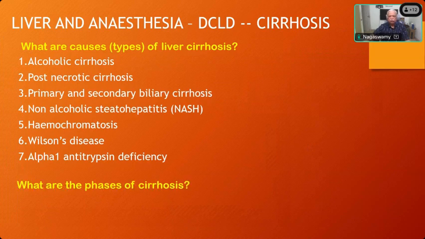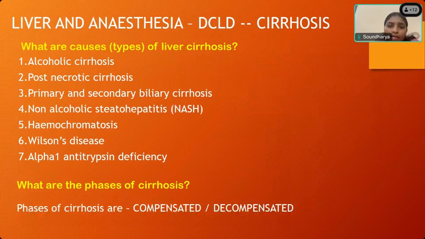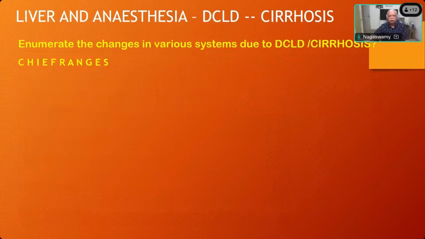Now, what are the phases of cirrhosis? How does it develop? That may be compensated and decompensated phase. Very good. So, phases are compensated and decompensated. What are the changes in the various systems which happen, which you already described?